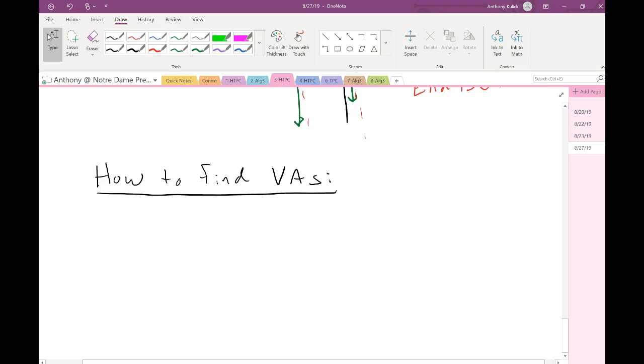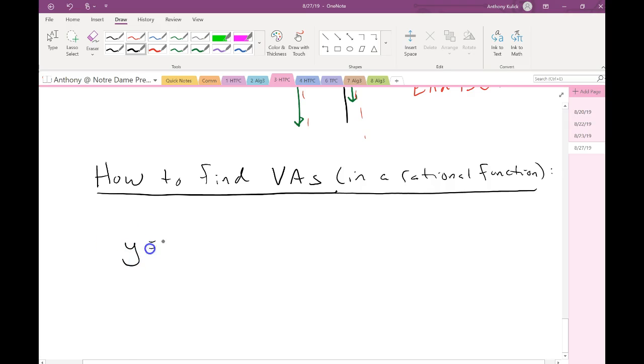Do you guys remember how to find vertical asymptotes from last year? At least in a rational function. Let's limit this to those situations. So a rational function doesn't have a square root.